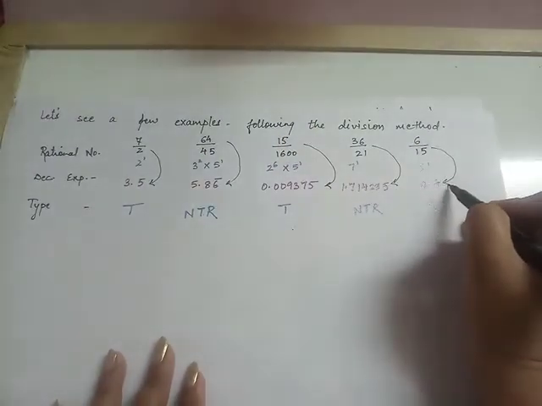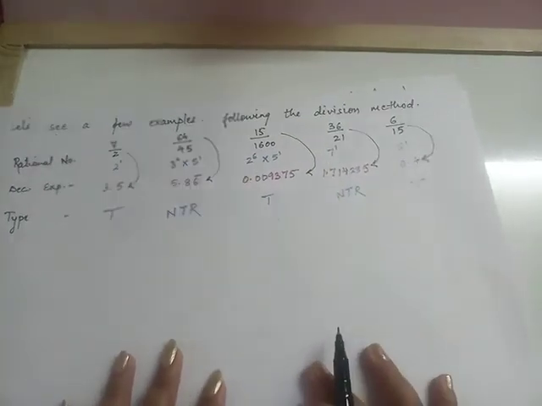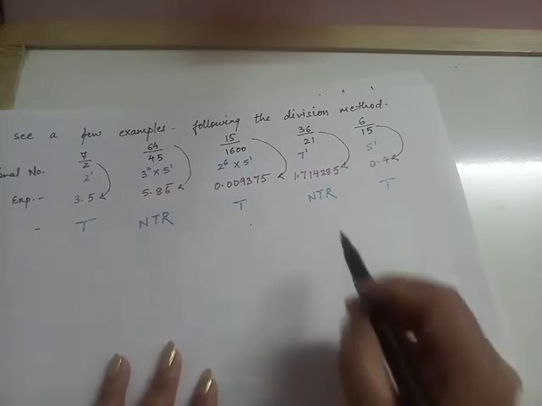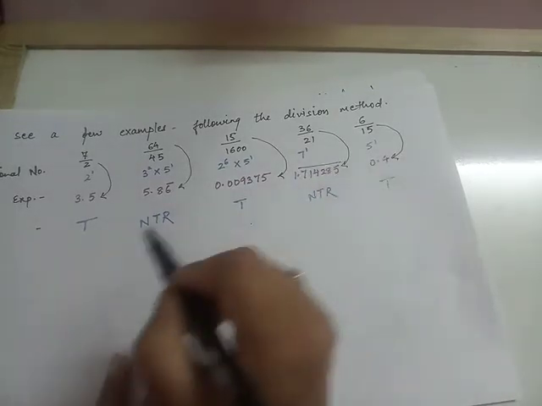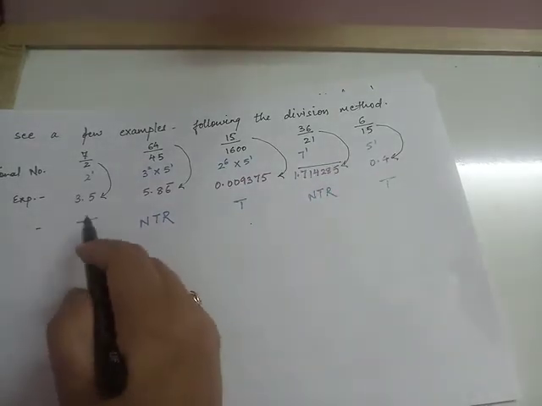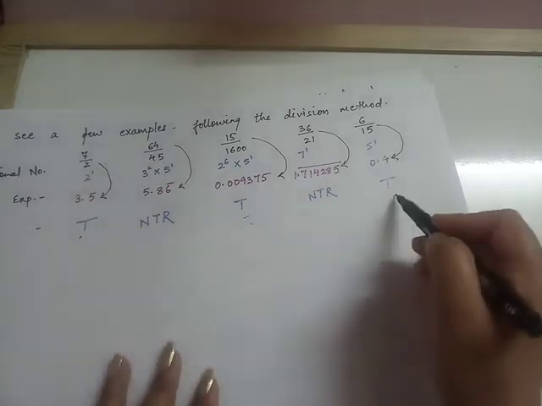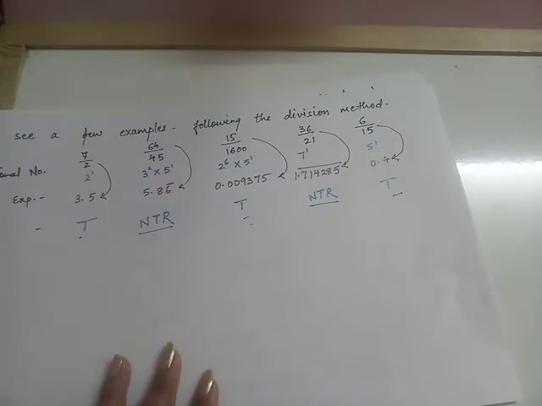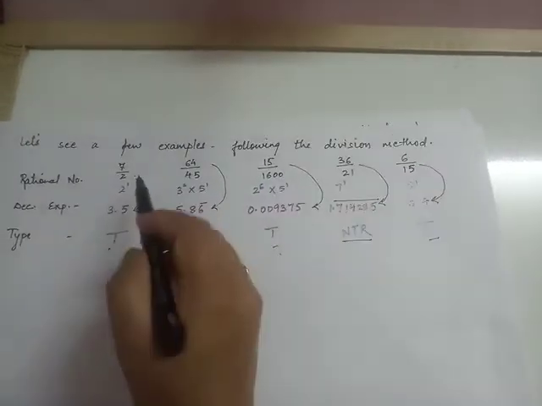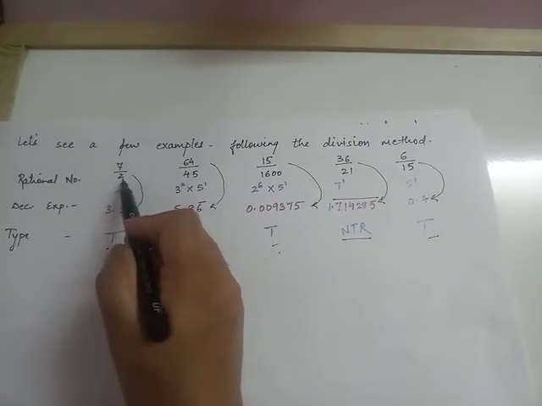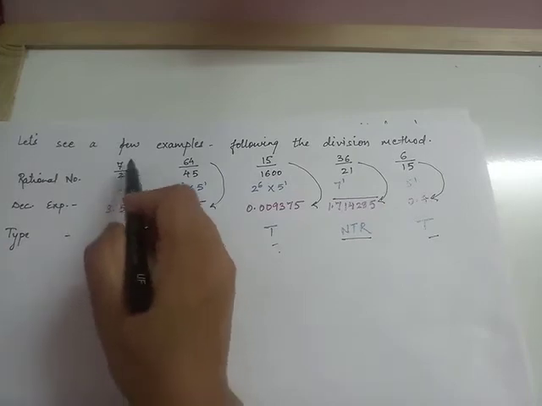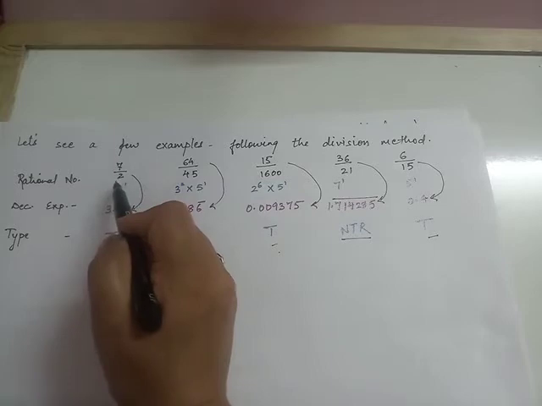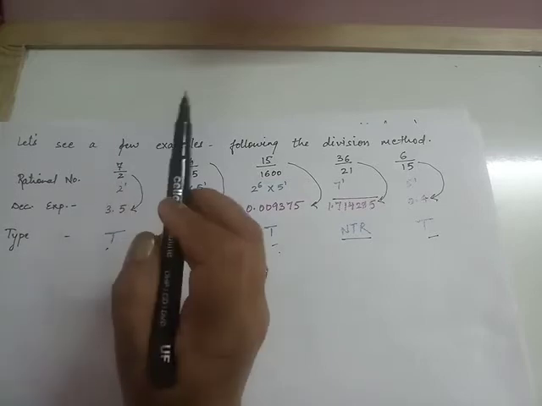Now, if I see the decimal expansion more particularly, I see some of them are terminating, while some of them are non-terminating. Okay. If I go back to my fraction, I find like 7 upon 2. These 7 and 2 are co-prime numbers. They are in their simplest form.